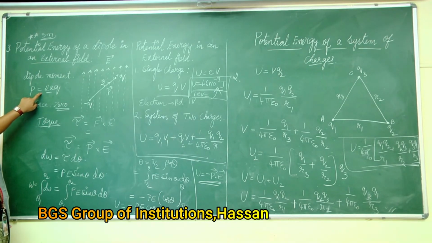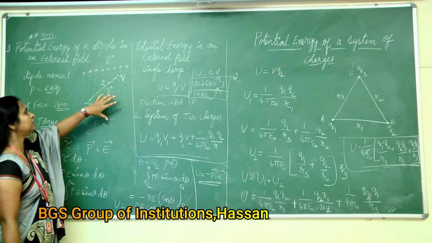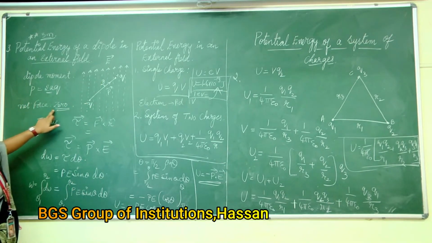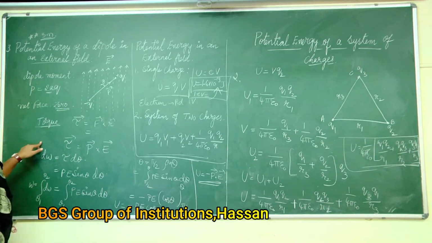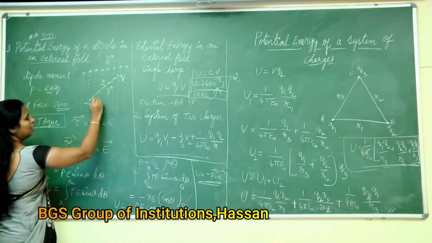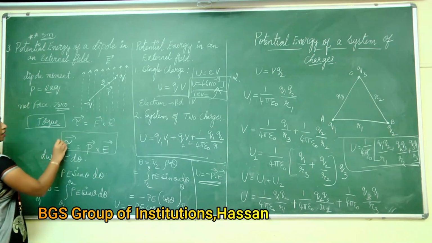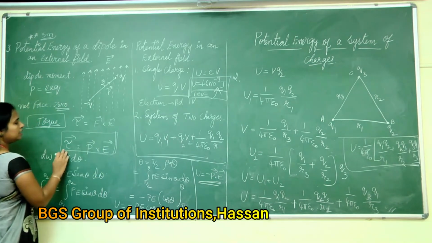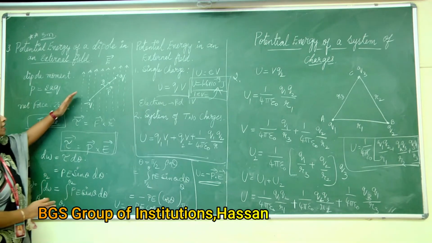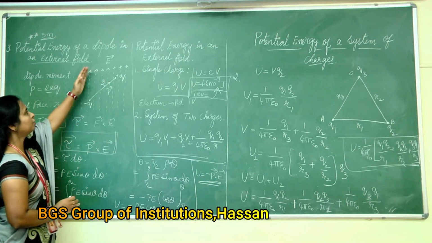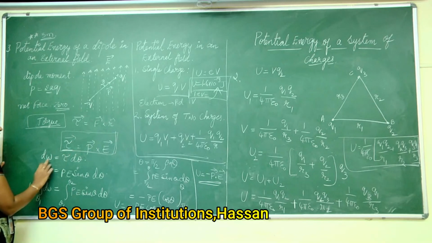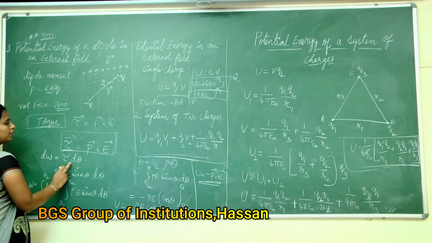For this we have to consider that the dipole is kept within an electric field, and the net force due to the dipole is 0, but still there is a torque. We have to remember that there will be a torque due to the couple, and the expression for the torque, which is responsible for the rotating effect, is tau equal to P cross E. And in order to move the dipole through an angle theta, we have to apply an external torque, and that is dW equal to tau d theta.